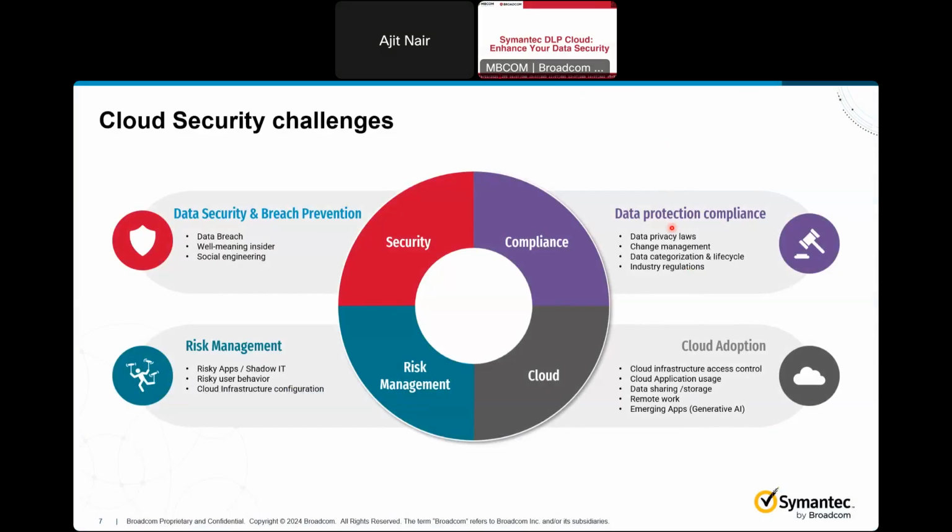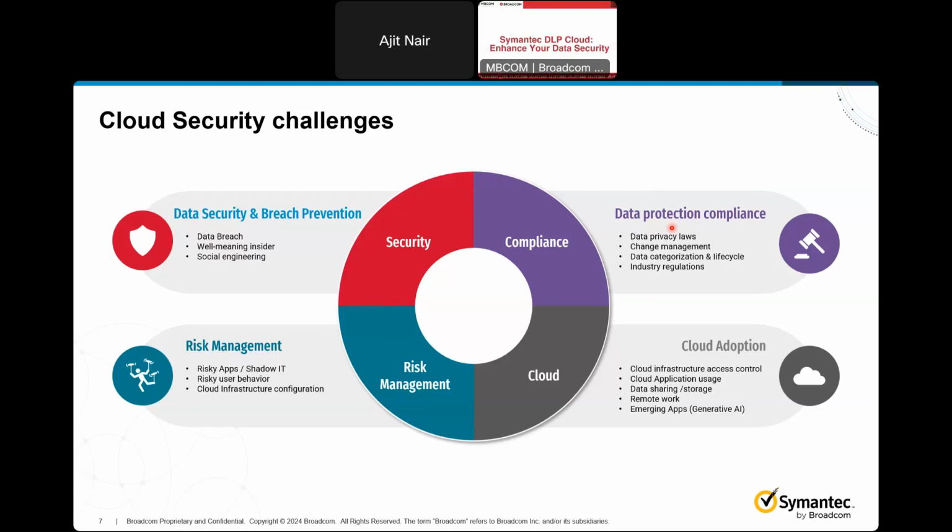The challenges are that it involves identifying sensitive data, where that data resides, whether that data is at rest or in motion, and establishing clear guidelines on where and with whom that data can be shared. The next pillar is compliance.